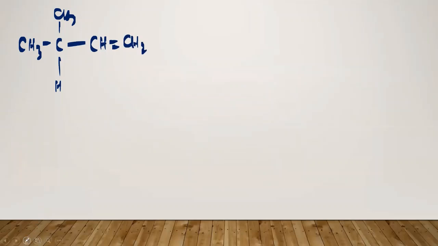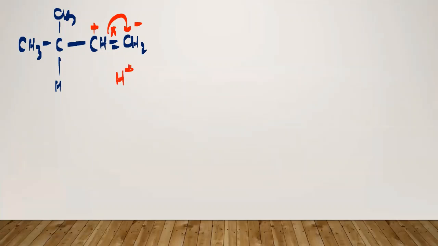Have a look here. CH3, C, CH3, H, C, CH double bond, CH2. So this is just one example. First of all, my dear friends, let us shift this pi bond. And I told you what the trick is.